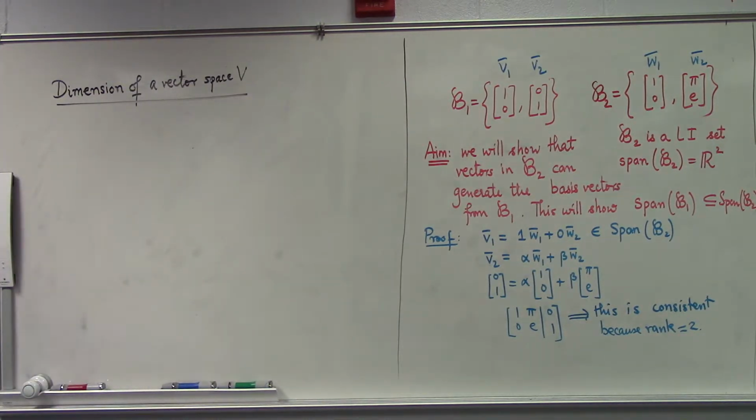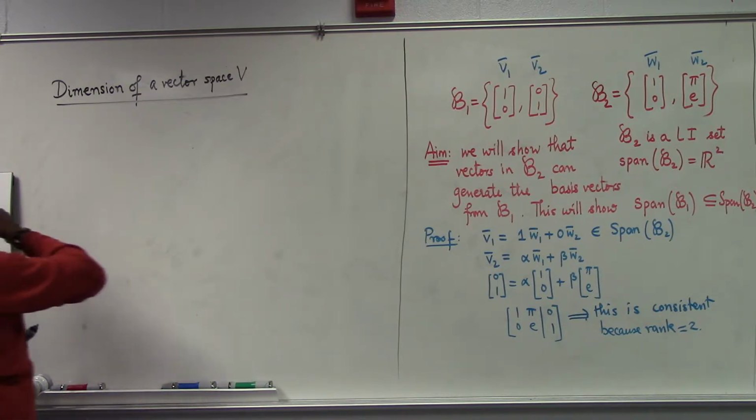Our focus will be on the so-called finite dimensional vector spaces. Just so that you know, there are infinite dimensional vector spaces also, and their definition of basis is a little tricky.